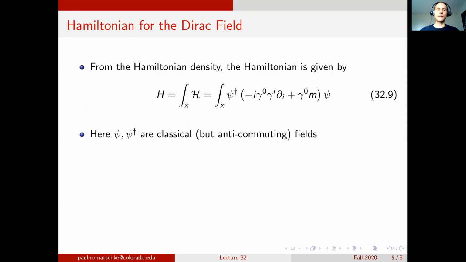Here, the fields psi and psi bar are thought to be classical fields. They are fermions, but they are classical. And the fact that they are fermions can be treated, in quotes, classically through taking them to be Grassmann variables. They are anti-commuting.